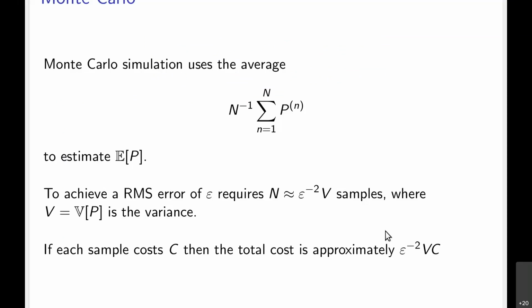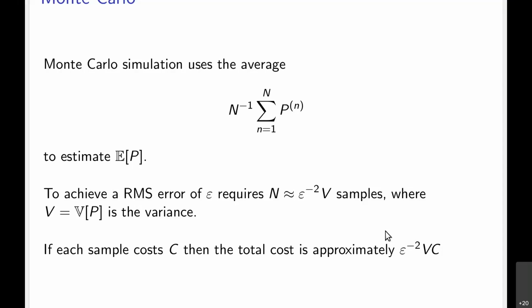Okay, I prepared this conference talk for a very general audience, and so it just starts from the basics. Monte Carlo simulation is fundamentally a very simple-minded idea that you want to estimate the expected value of some output quantity P arising from a stochastic simulation, and you simply take the average of n independent samples of that.